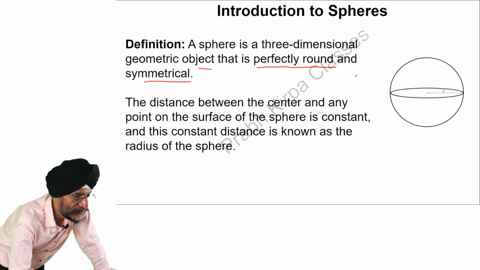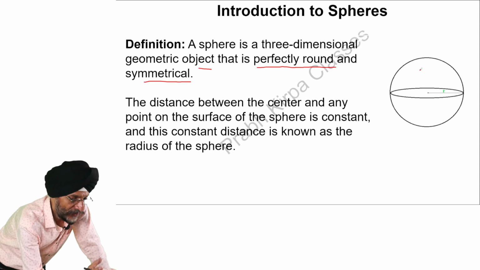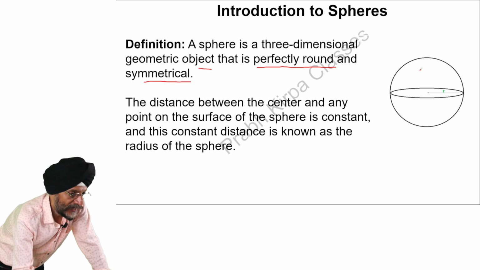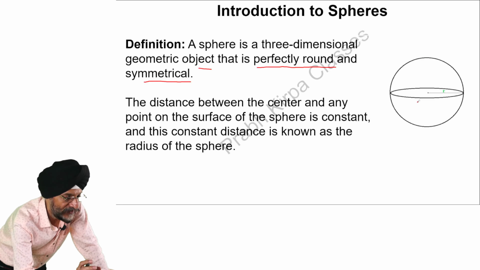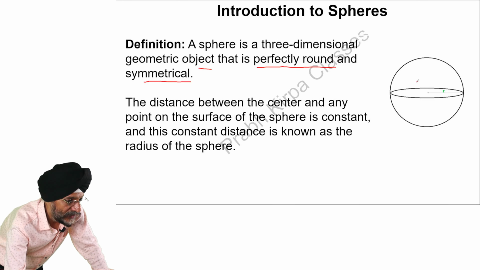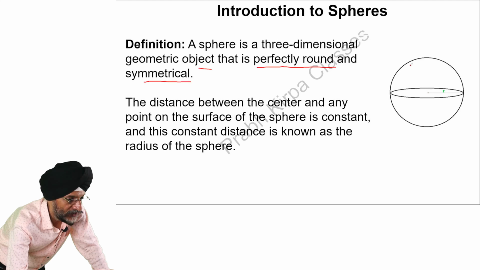We can visualize sphere as a three-dimensional object as it extends outward in all directions in such a way that each and every point on the surface of the sphere is at equal distance from the center.